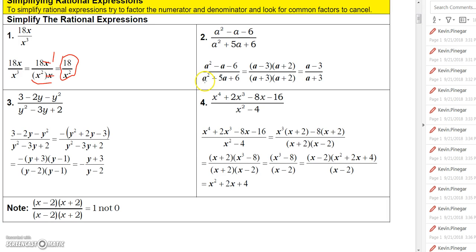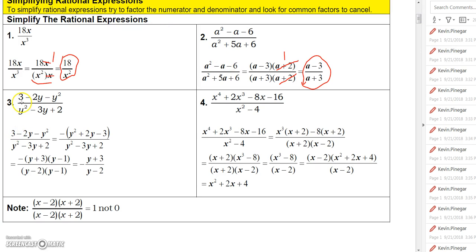And then we saw earlier that a squared plus 5a plus 6 factors into a plus 3, a plus 2. Notice we have a common factor in the numerator and denominator of a plus 2, so a plus 2 over a plus 2 is just 1. So the answer here would just be a minus 3 over a plus 3, which is what I've got written right here.